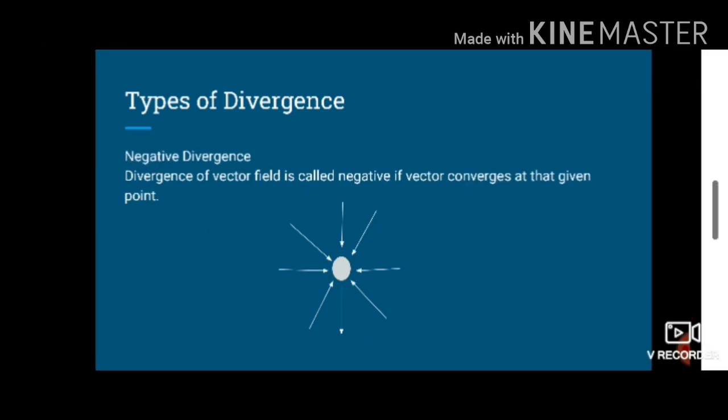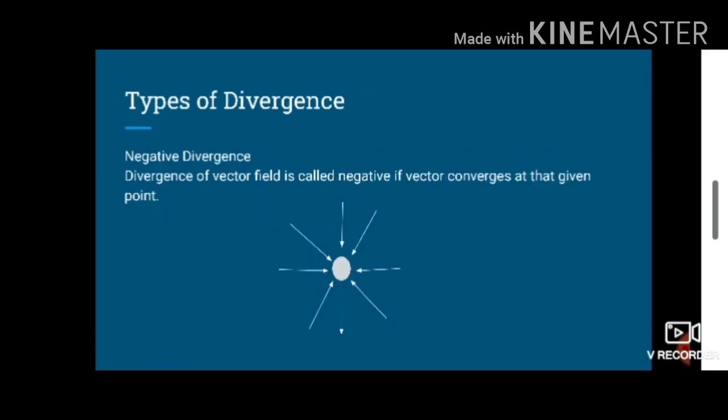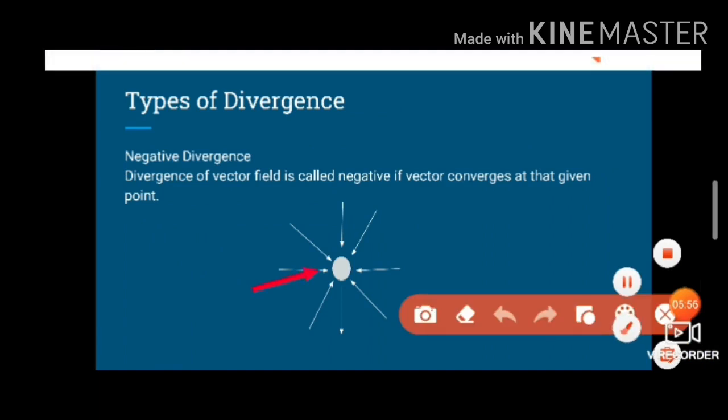Now let us see negative divergence. Opposite to positive divergence, divergence of a vector field is called negative if the vector converges at that given point. Say this point. Now we are finding the divergence at that point. So we can say the divergence at that point is negative when the vectors converge at that point.